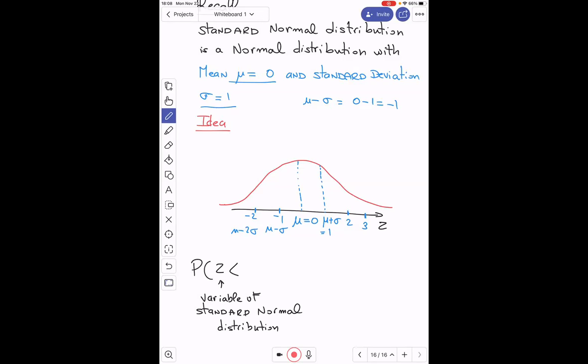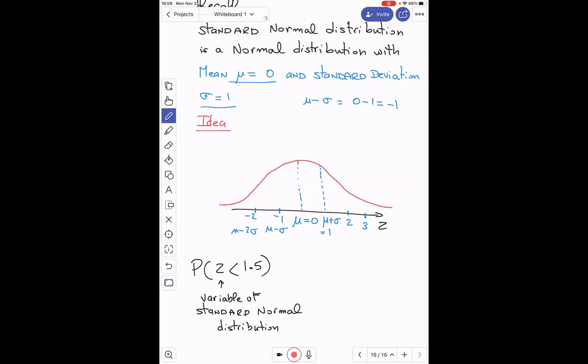So if you want to find the probability that this variable z, think of it as a continuous variable, for example, z is the time to get to campus. And you are looking for the probability that z is less than, let's say, 1.5. So the time to get to campus is less than 1 hour and a half.